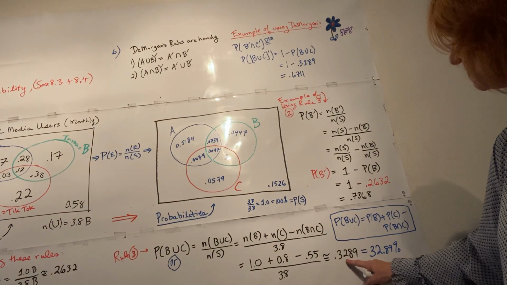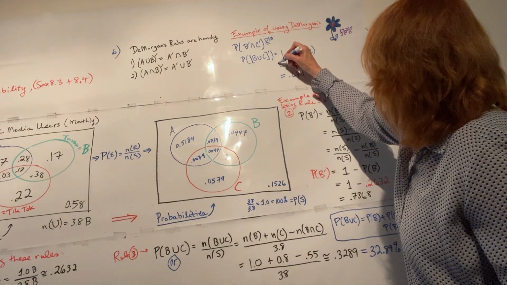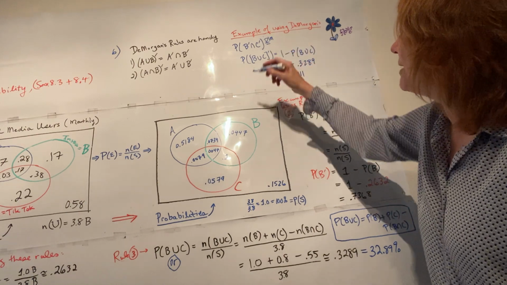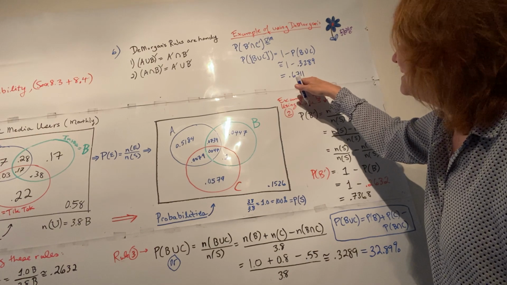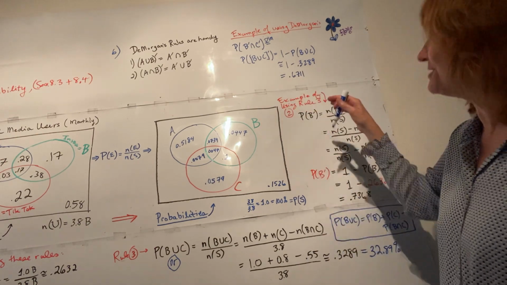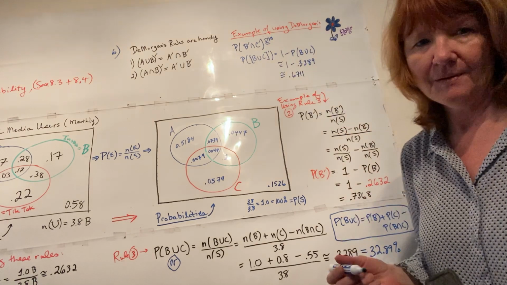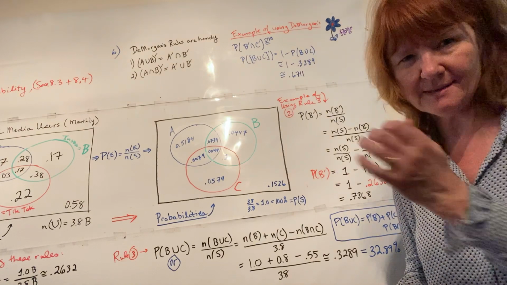It was approximately 0.3289. So right in there is when we'll use that same approximation. And so the probability of B complement intersection C complement is approximately equal to 0.6711.